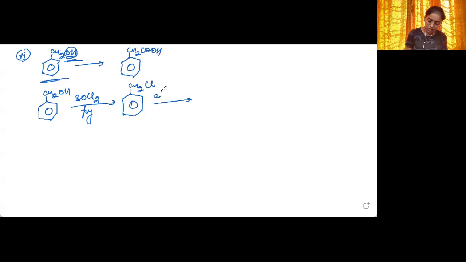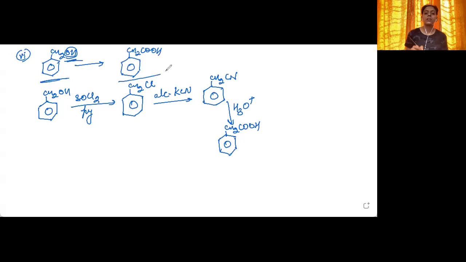Now you can just treat it with alcoholic KCN so that it gets converted into cyanide. Now do the acidic hydrolysis. And we have got the 2-phenyl ethanoic acid. That is the product that we need. Hope this is clear to you.